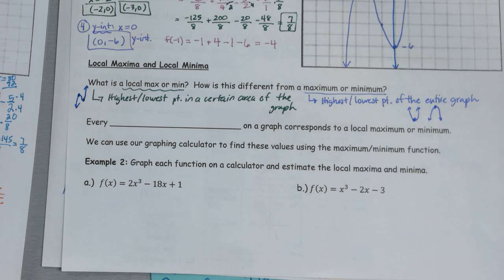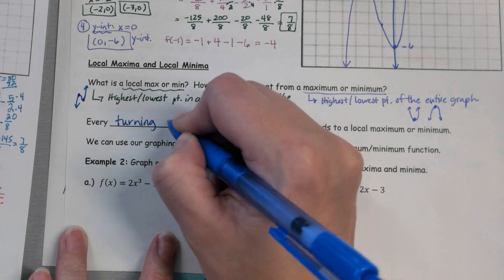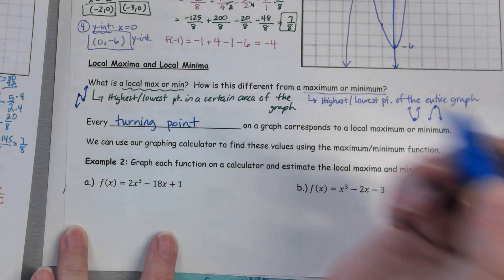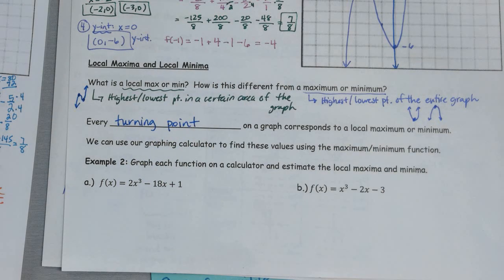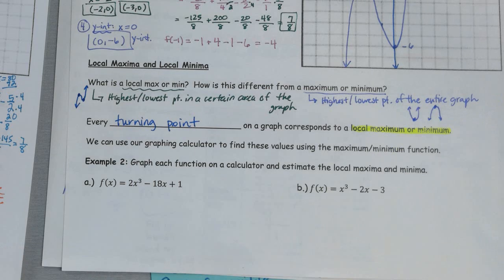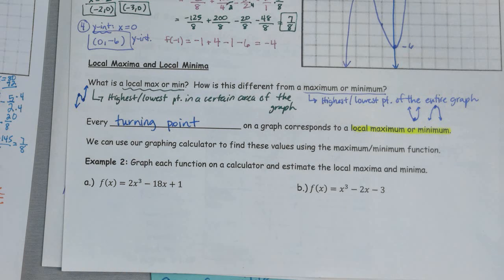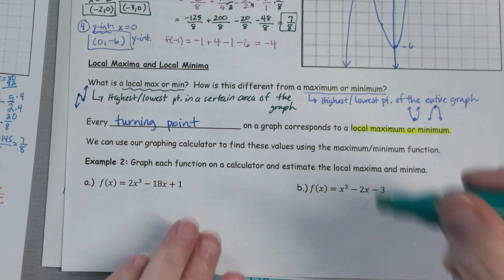Now every turning point, which is just when it changes direction, is going to correspond to a local maximum or minimum. And we are going to use our graphing calculators to find those. We are going to be using the max and the minimum function.